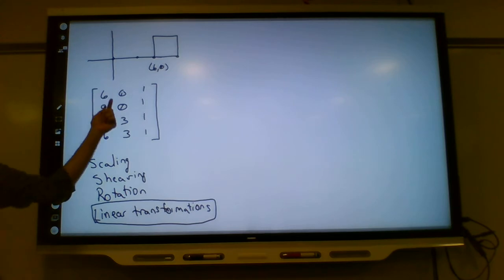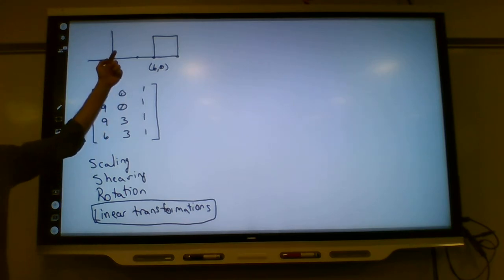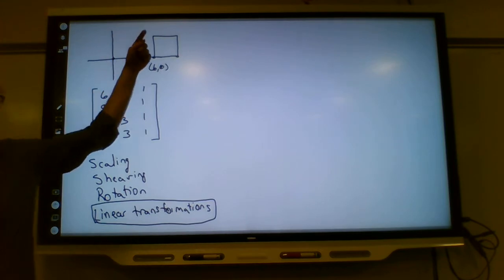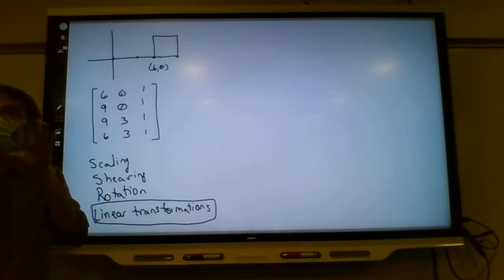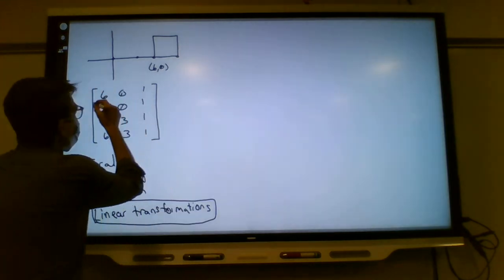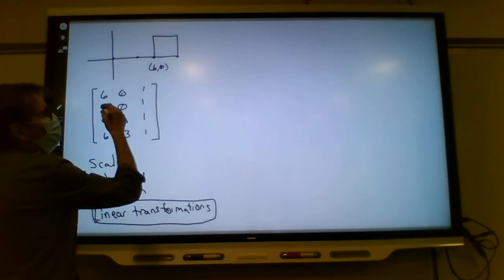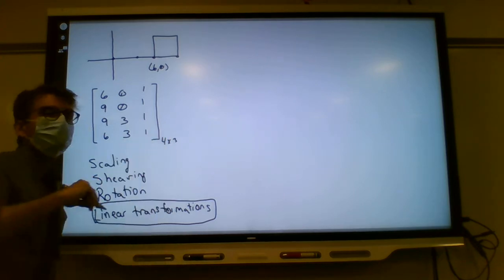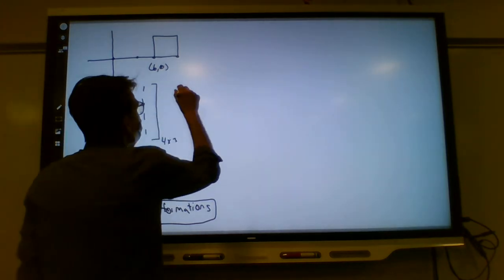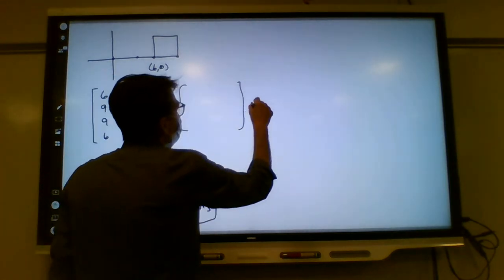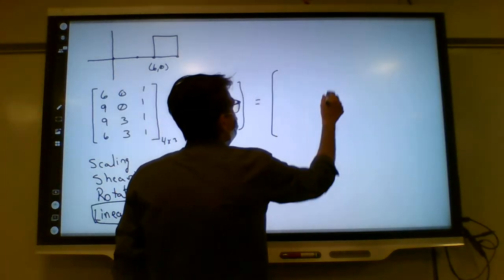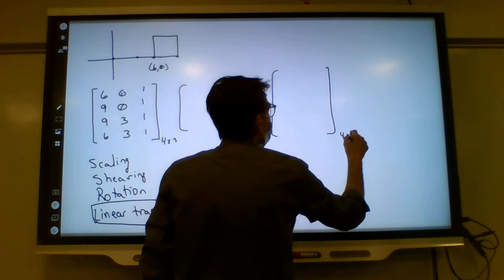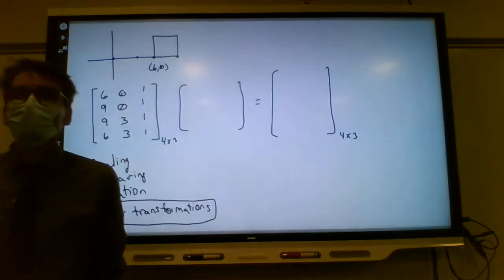Again, as far as the vectors are concerned, the vectors are pointing from the origin over to that, to create that shape. And now we're going to shear those vectors. So this matrix is how big? 4 by 3. It's 4 by 3. And we need to multiply by something that will give us then back another 4 by 3 matrix.